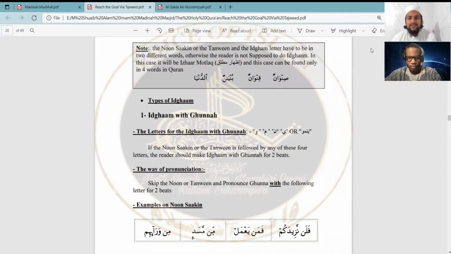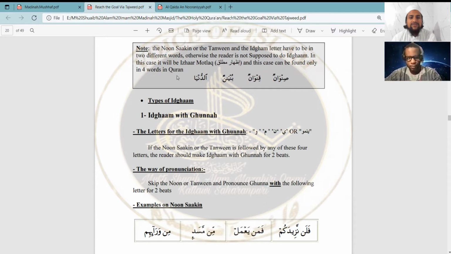Note, the nun sakin or the tanween and the idgham letter have to be in two different words. Otherwise, the reader is not supposed to do idgham.